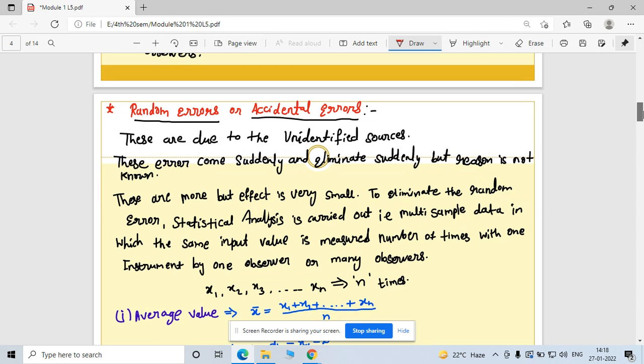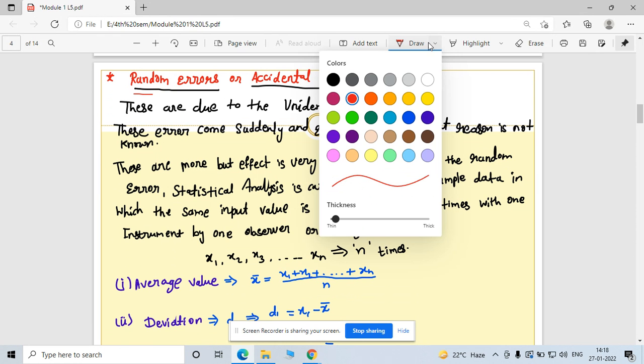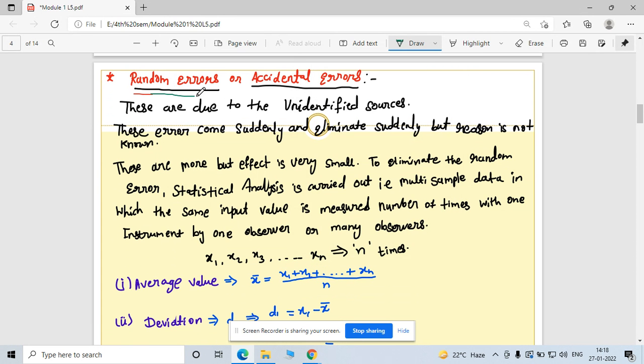Now, the random or accidental error. Such types of error occur on your meter and suddenly go off. We don't know from where this error appears on the meter, but you find that sometimes some error occurs, and that error goes away automatically.